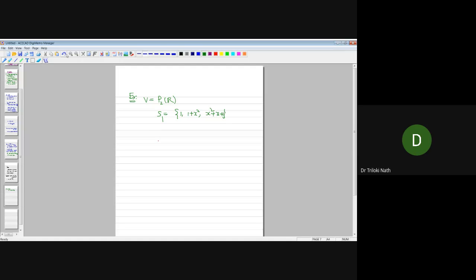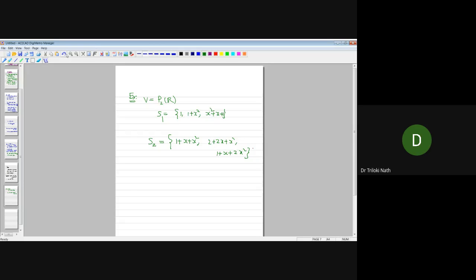And let us take S2 as 1 plus x square, 2 plus 2x plus x square, 1 plus x plus 2x square. So the question is, which one will generate B? Either S1 generates B, or S2 generates B, or both generate B.